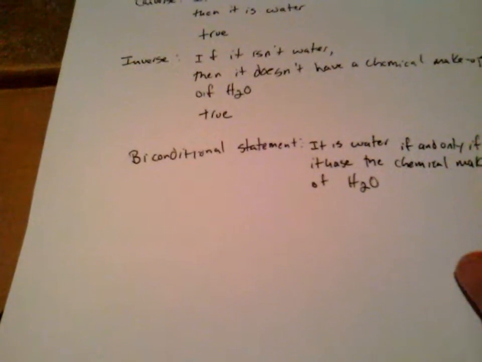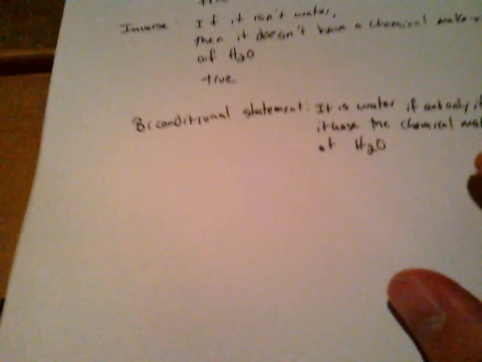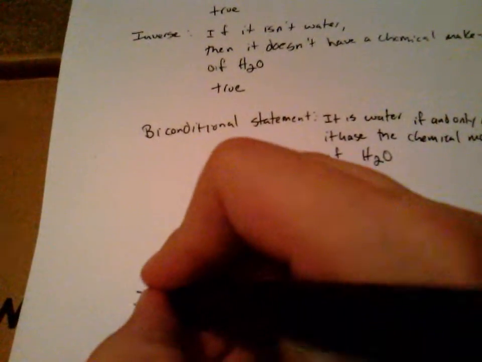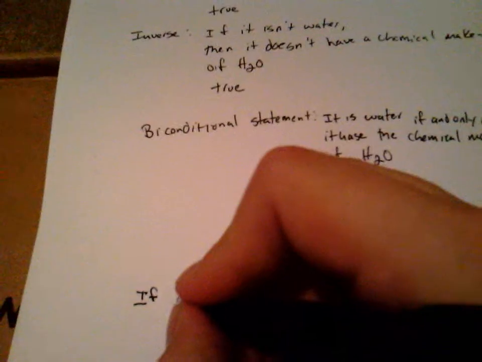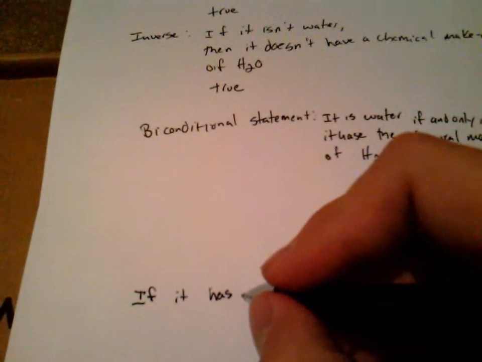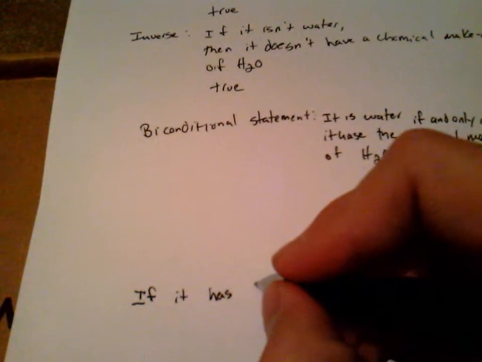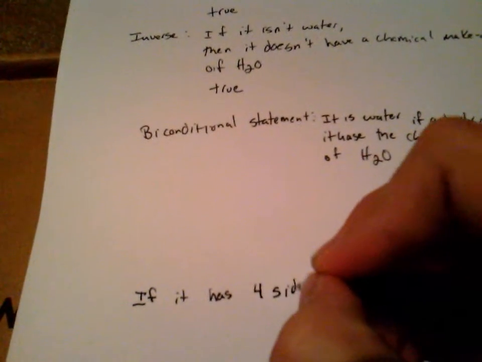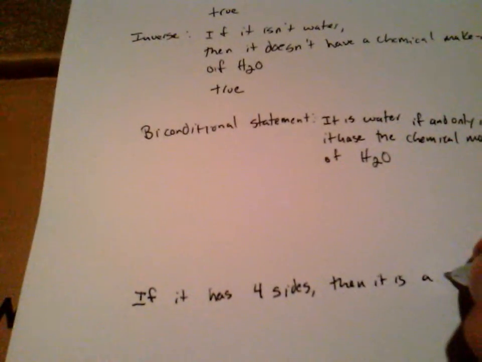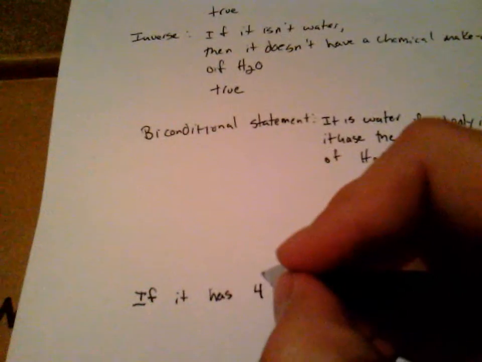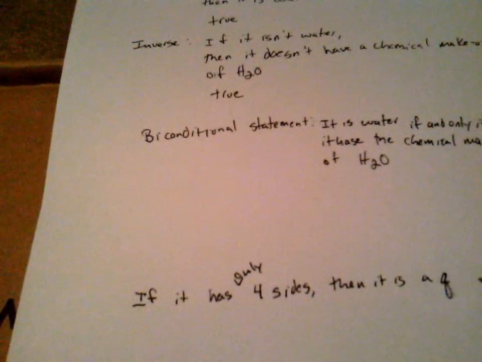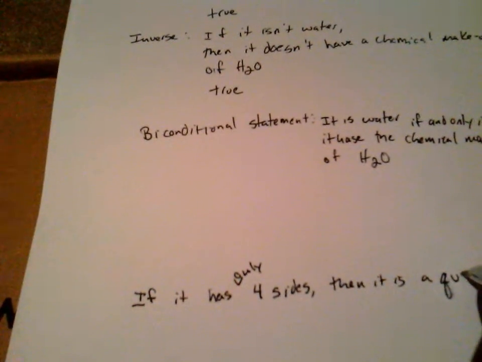Let's do another one so I can show you again. If it has four sides, then it is a, if it has only four sides, then it is a quadrilateral.